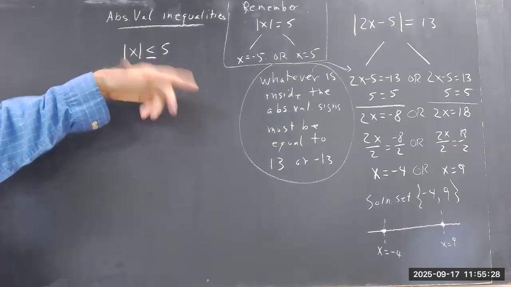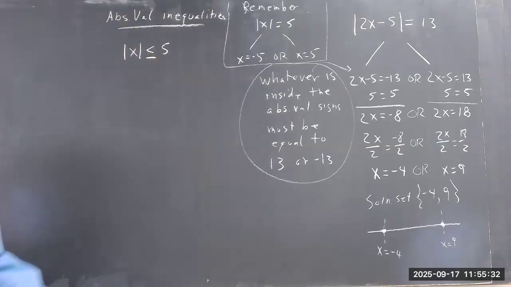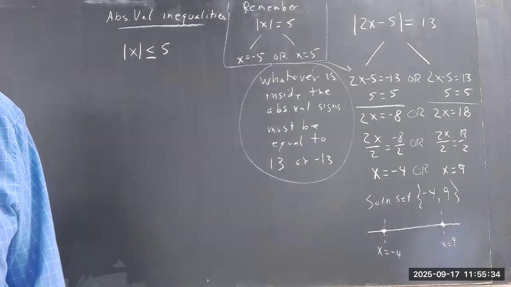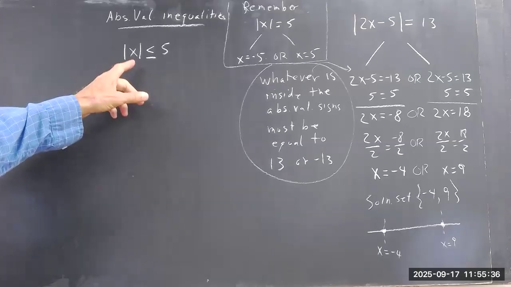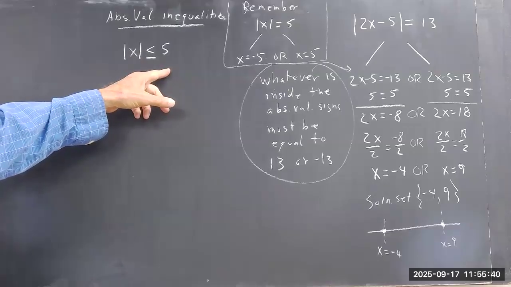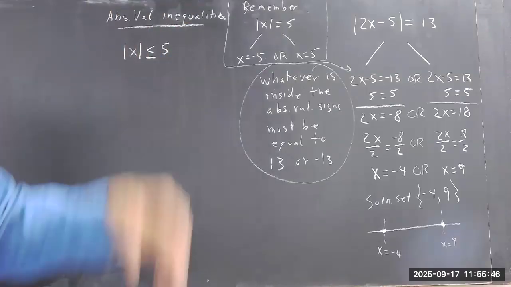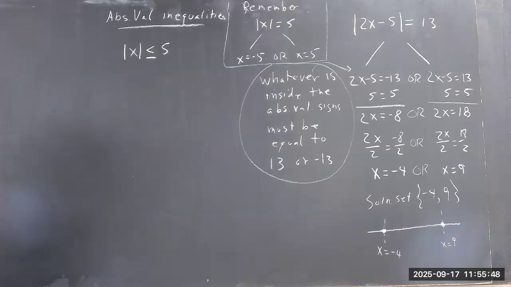Yeah, 0 is less than 5, so it's certainly less than or equal to 5, right? The absolute value of 0 is 0. Now, 2. The absolute value of 2 is 2. Is that less than or equal to 5? Sure is. Or 3, or 4, or 1, or pi, 3.1415926. Okay? Make sense?